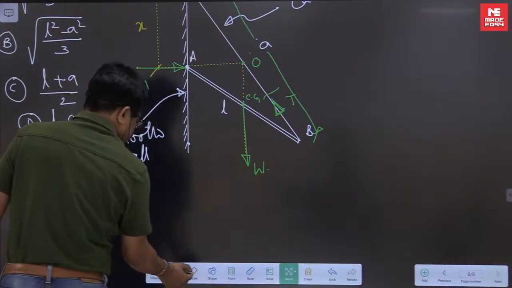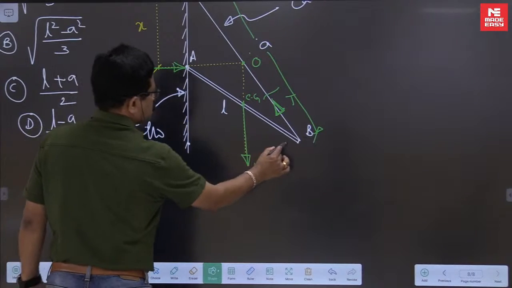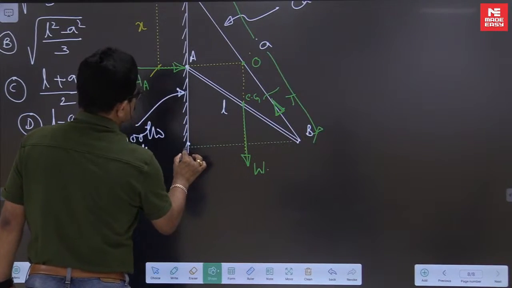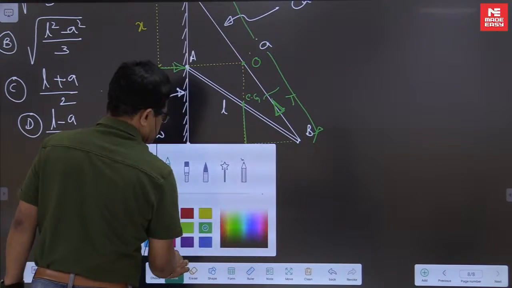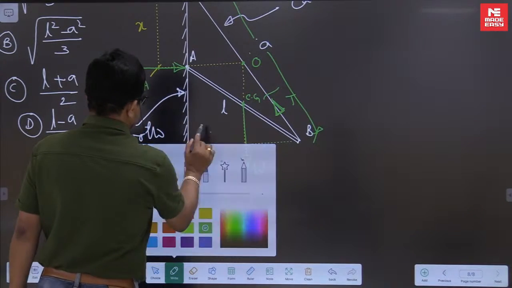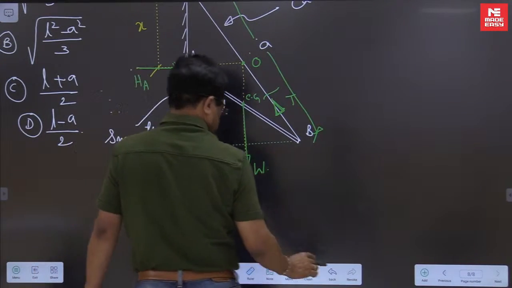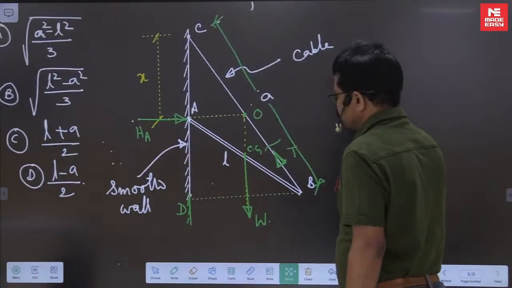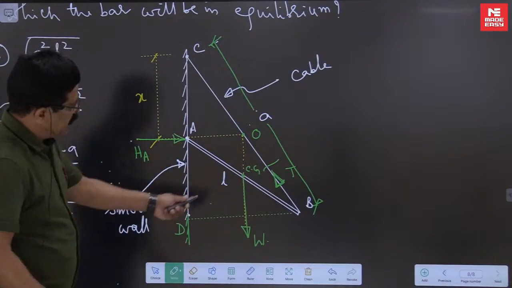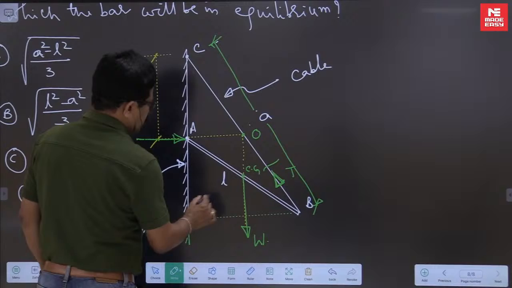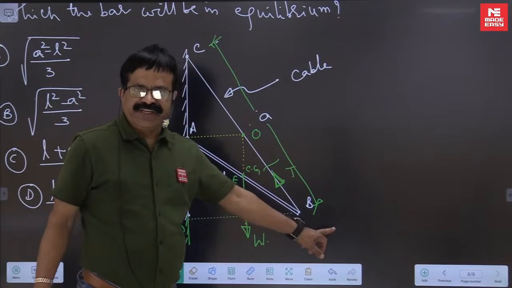Now extend this line. This point, let us say D. Now this point, A, B, C, D, let us call it some E. E is the midpoint of AB.